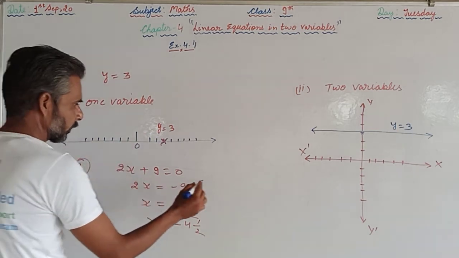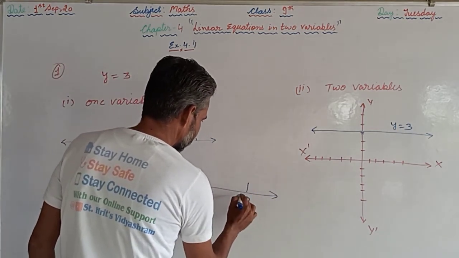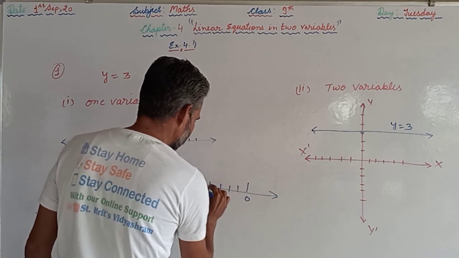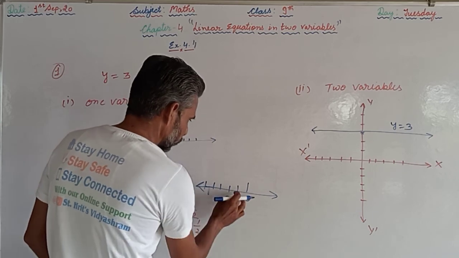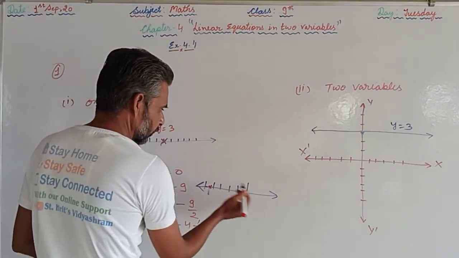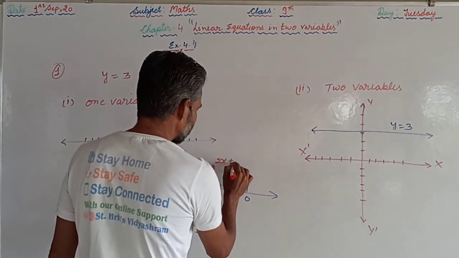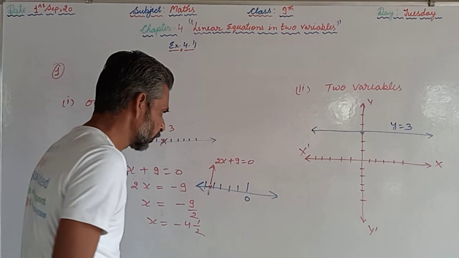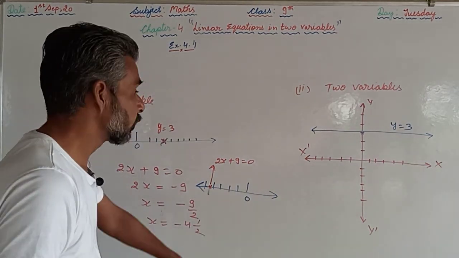If we represent the same on one line, if this is 0, 1, 2, 3, 4, 5, so 1, 2, 3, 4, in between 4 and 5, that is negative, that is 2x plus 9 is equal to 0 and x is equal to minus 4 and 1 by 2.